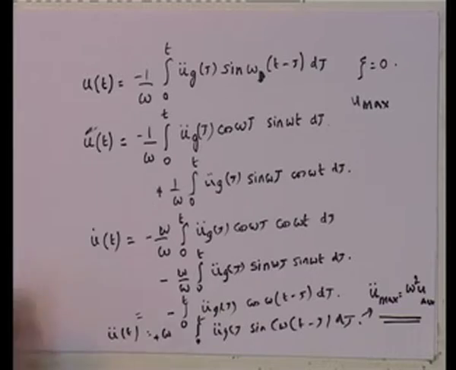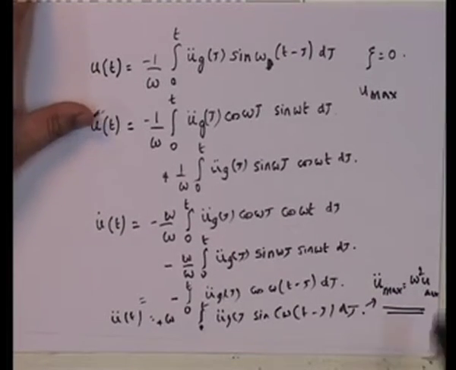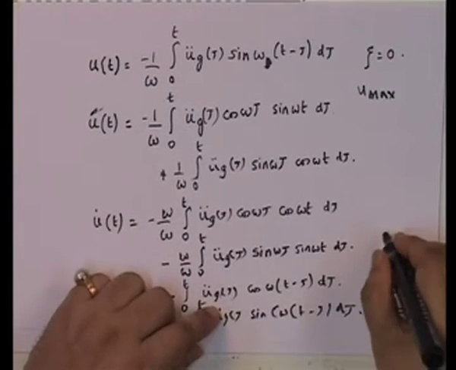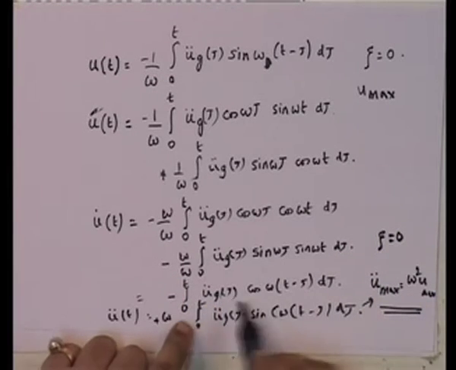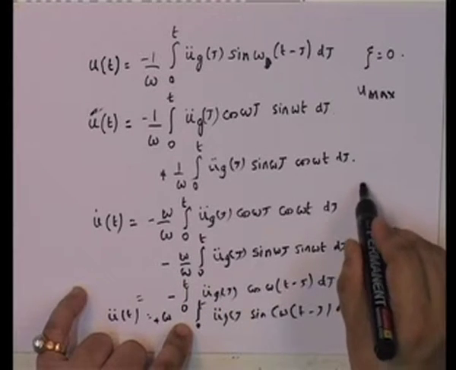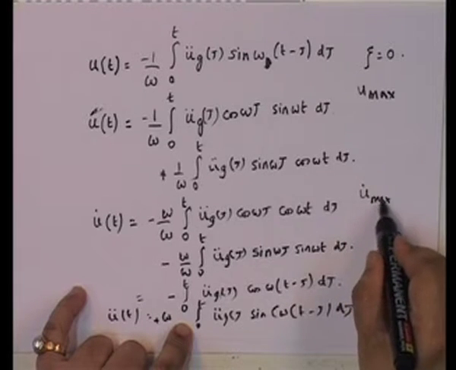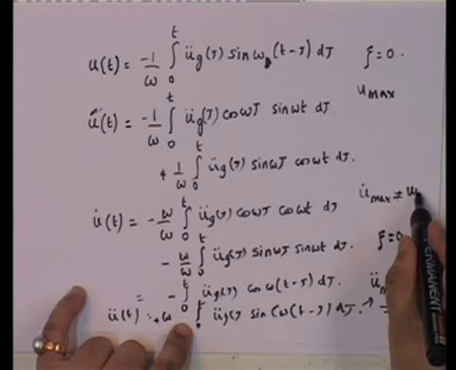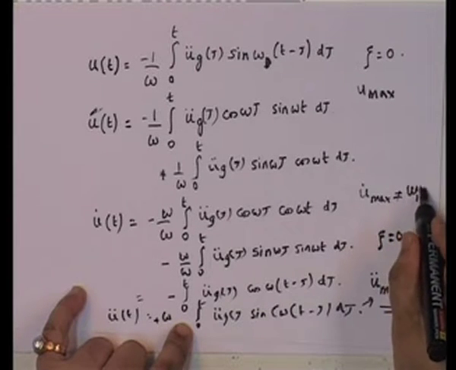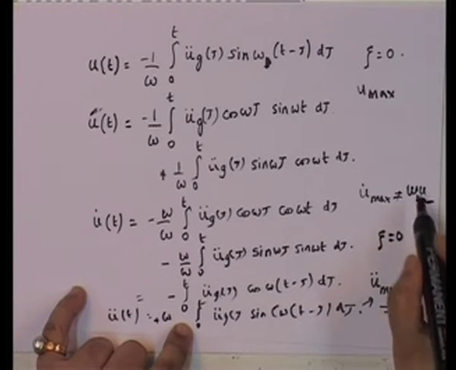Now, if xi is equal to 0, note that u dot max is not equal to omega times u max. Why?